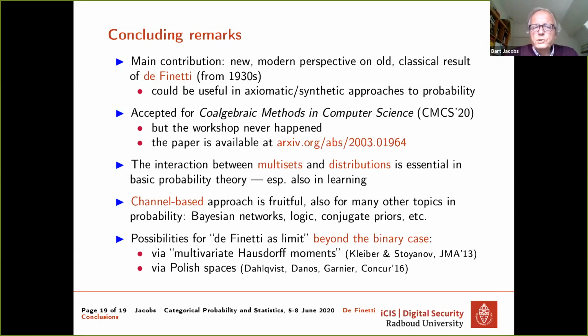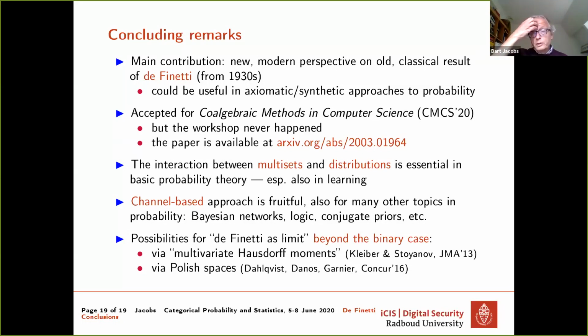One of the main points of the paper is that the interaction between multisets and distributions is essential in basic probability theory. Look at when you have an urn: often in the beginning, when you start learning probability theory, many of your examples come from a setting of an urn where you draw balls.